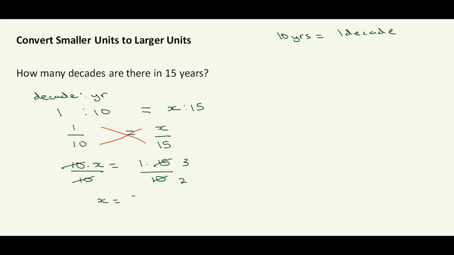So x is equal to 3/2, or 1.5. So 15 years is equal to 3/2 decades, or 1.5 decades.